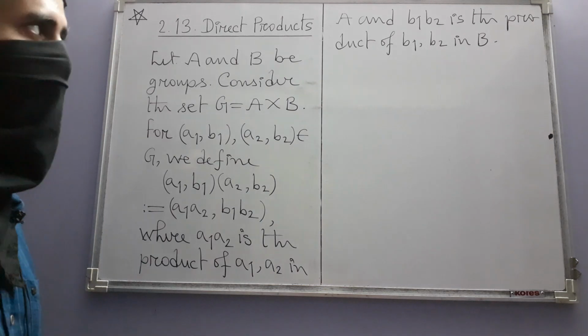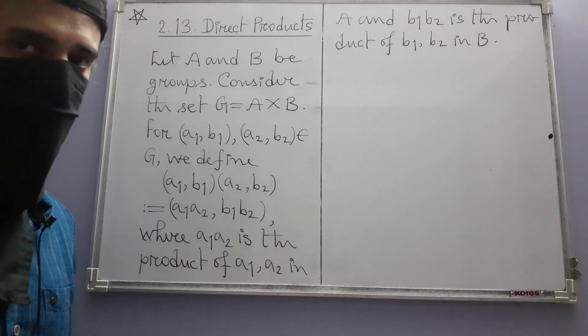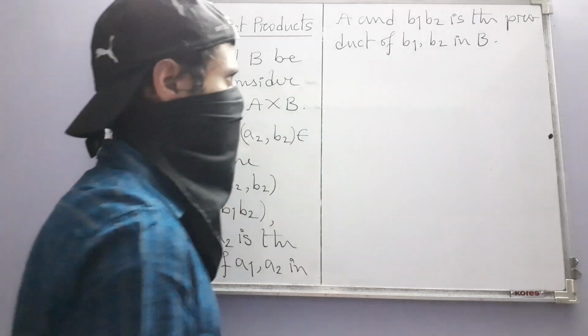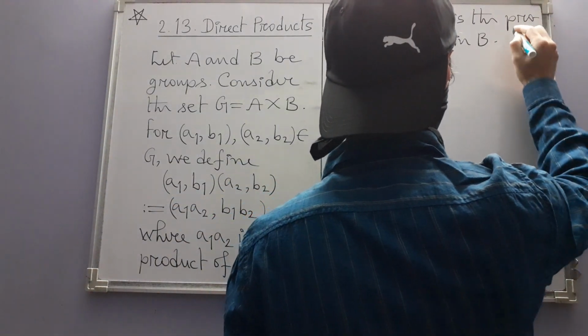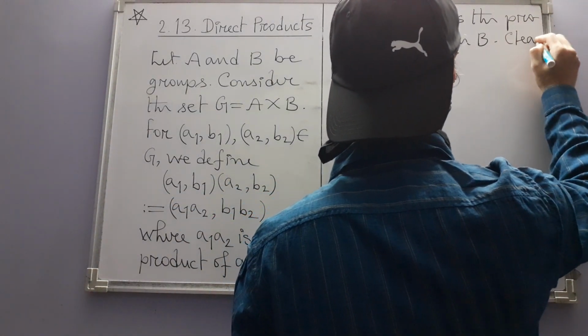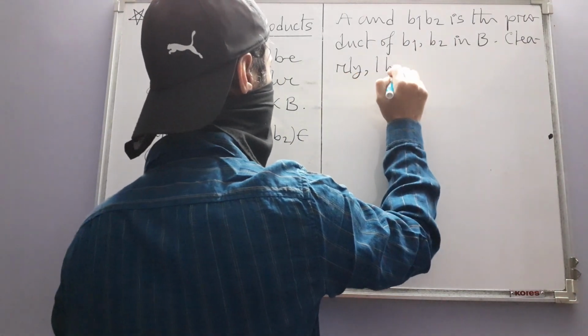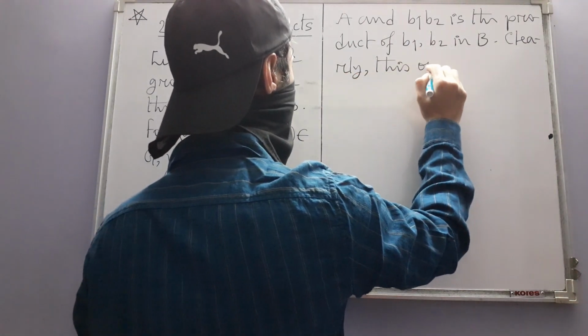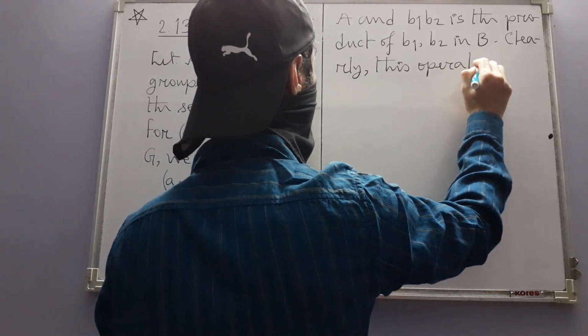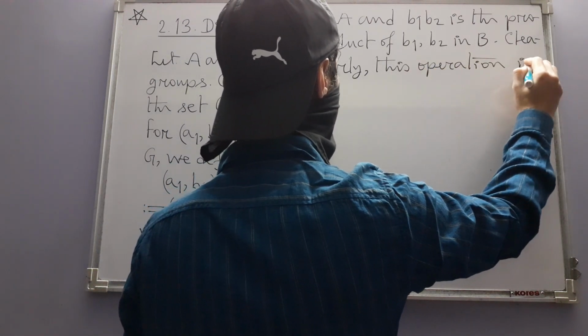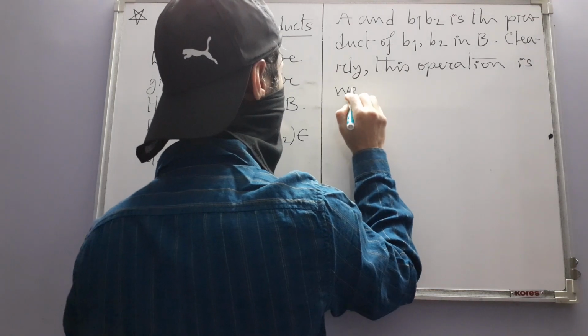and that makes this binary operation well defined. We however won't write this much. We will simply write: clearly this operation is well defined.